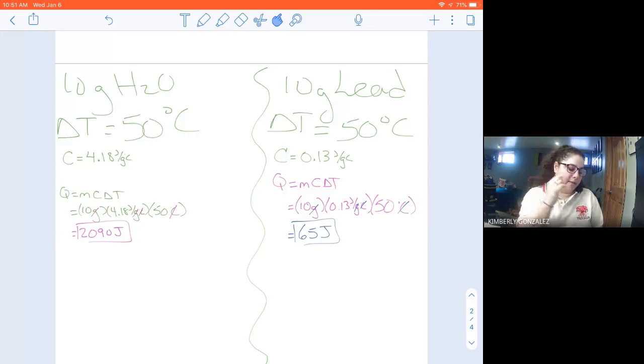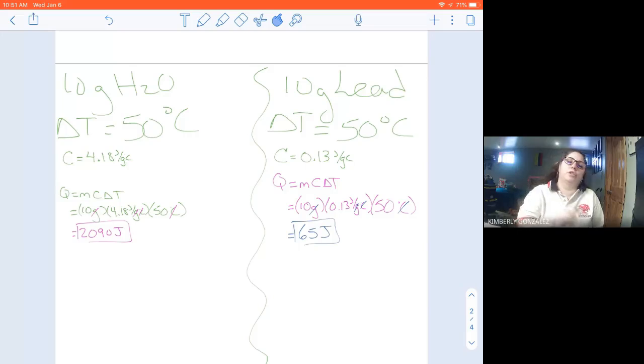If we have a 10-gram sample of water and a 10-gram sample of lead, same size sample, just two different materials, and we want to change the temperature of both samples by 50 degrees Celsius, the difference in heat that needs to be absorbed is a lot, okay?